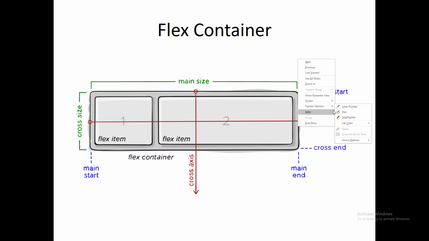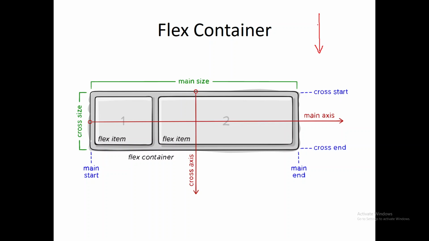Let me try that. If the direction of your main axis is from top to bottom, then what would be the direction of the cross axis? You just rotate it like this. This would be your cross axis, so it will be from right to left.